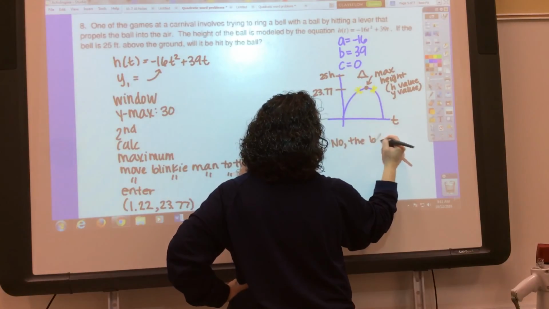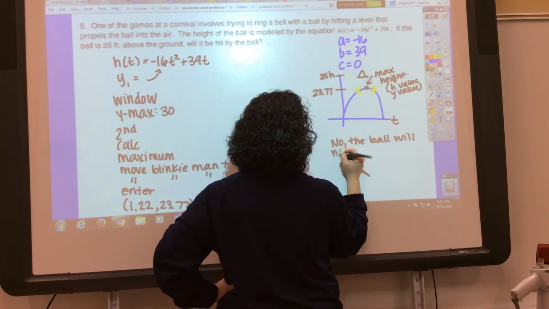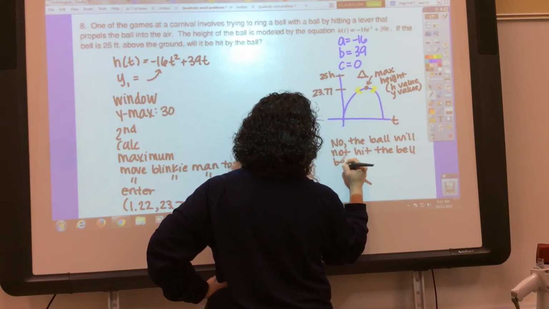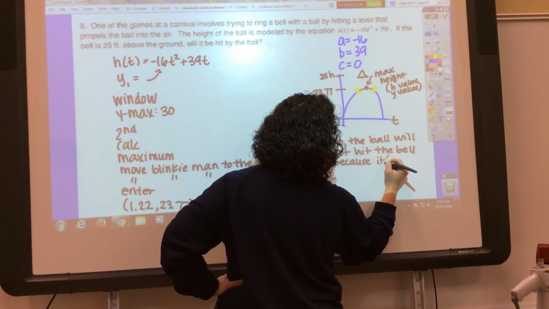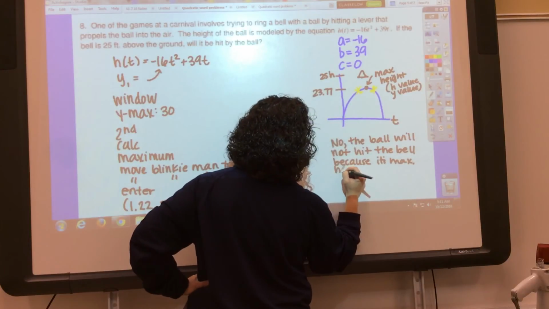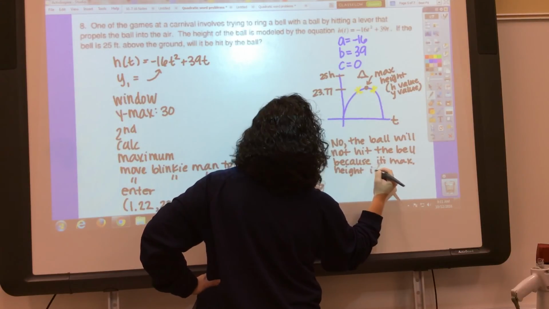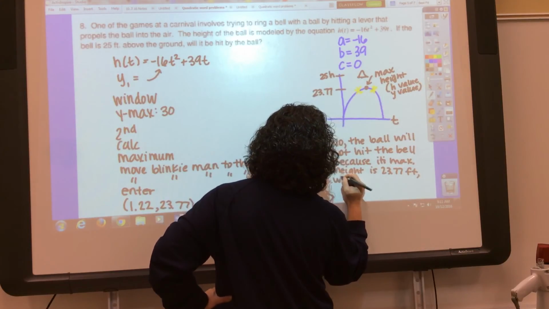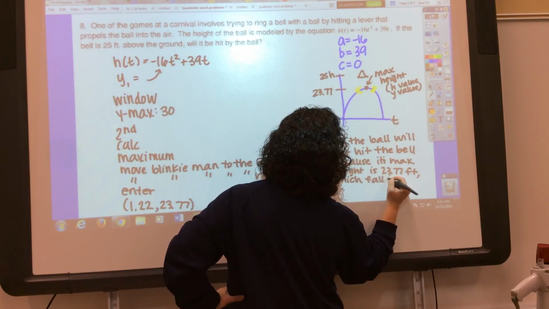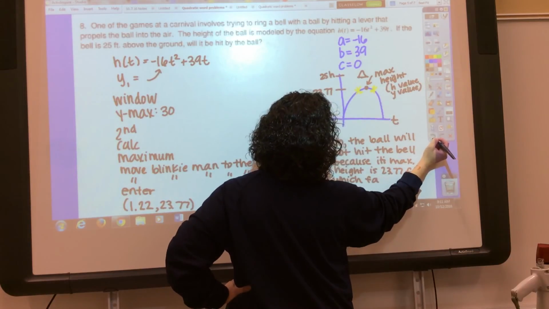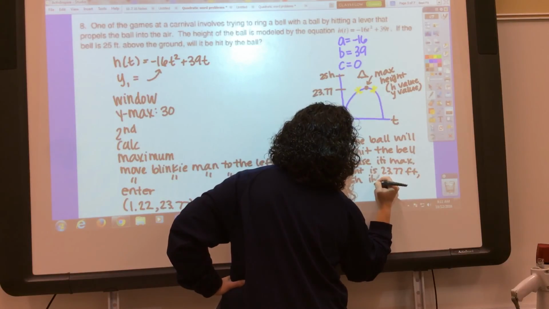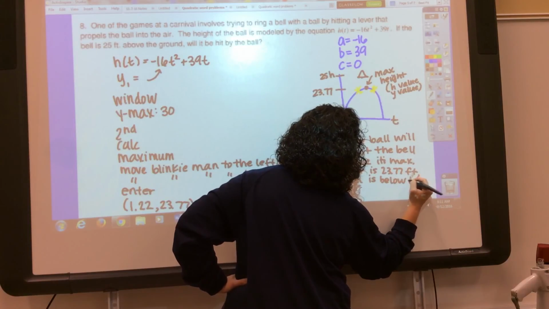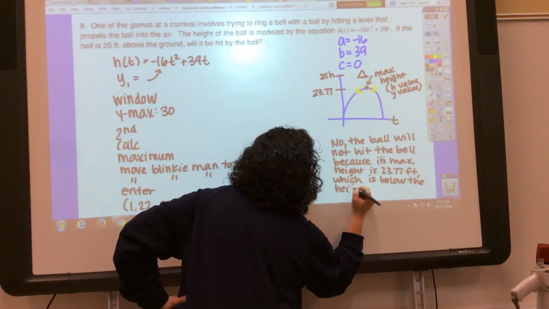The ball will not hit the bell because its maximum height is 23.77 feet, which falls short, or which, let's say, is below the height of the bell.